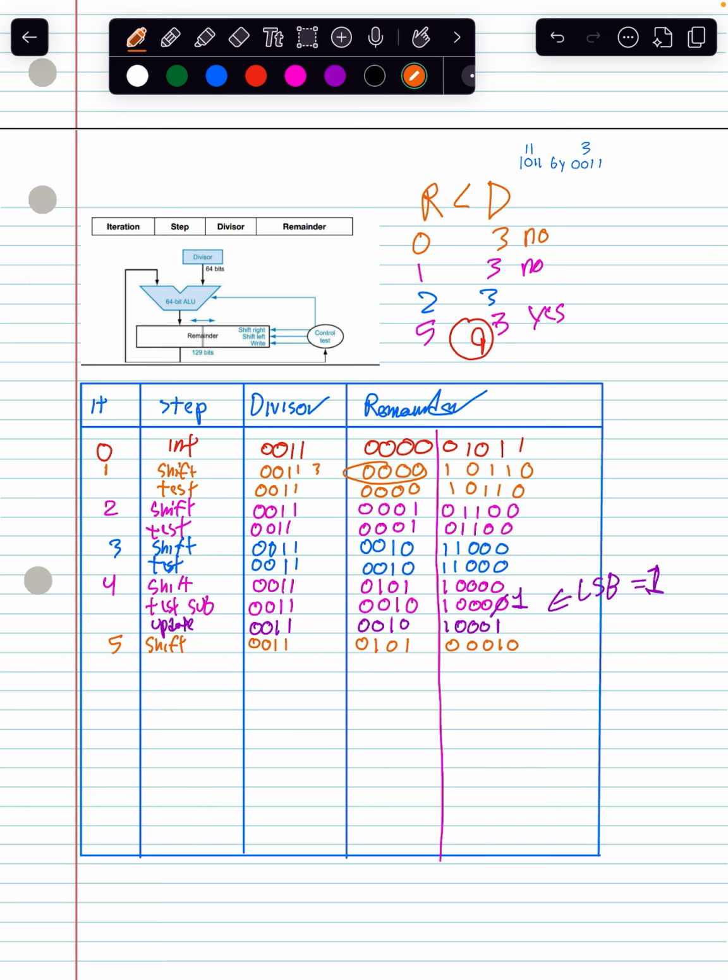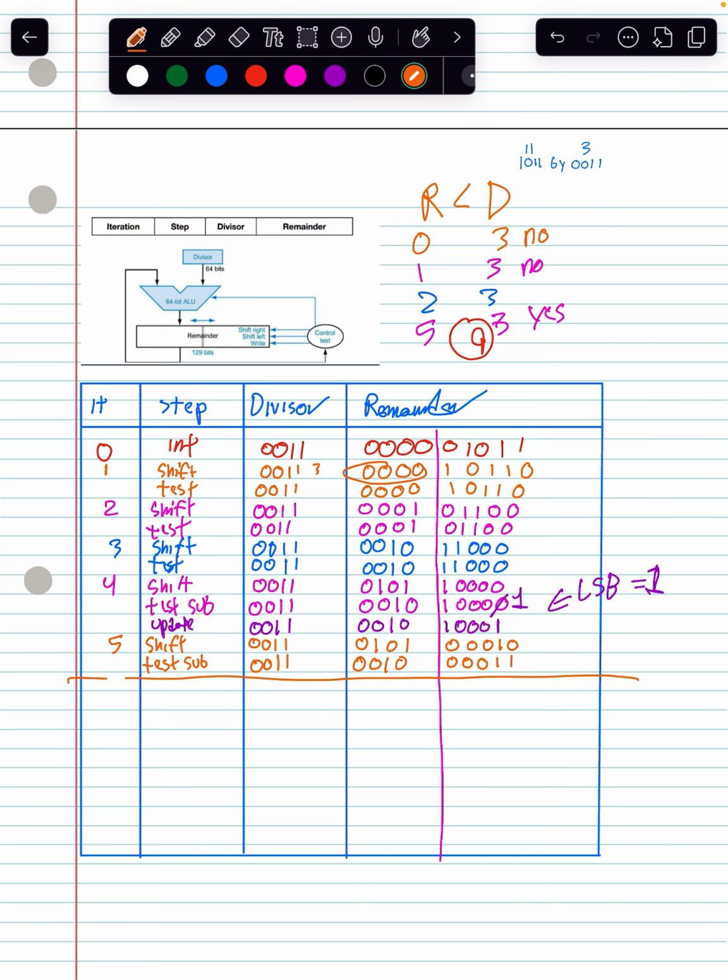Yes, it is. And so we're going to do subtraction again. That comes out to 2 again. And then our least significant bit is updated to 1. I just did it in one step instead of running the update.